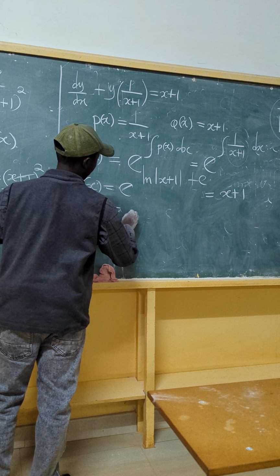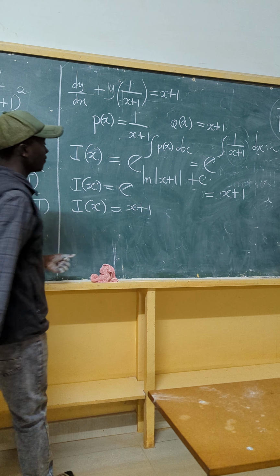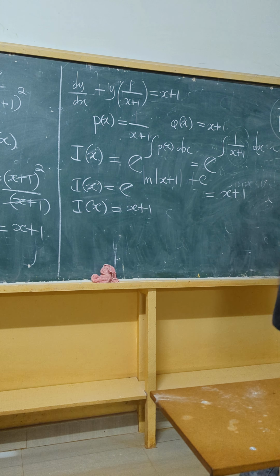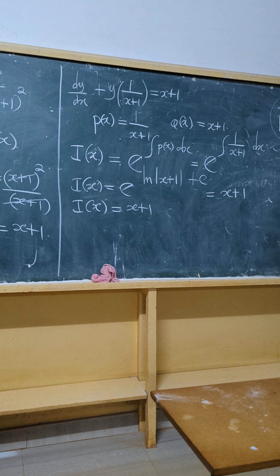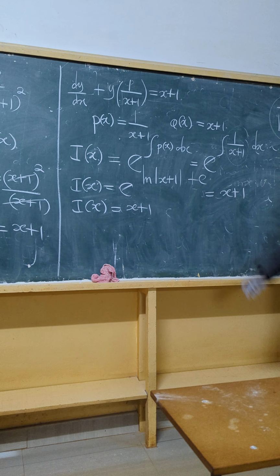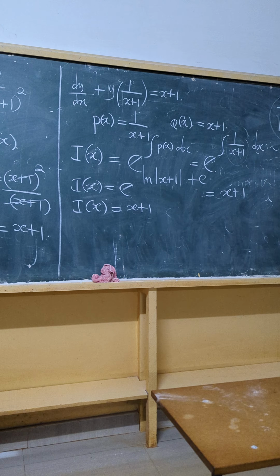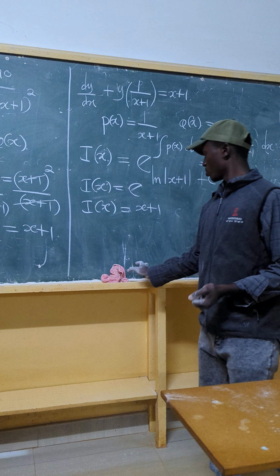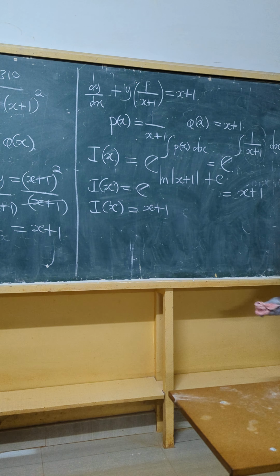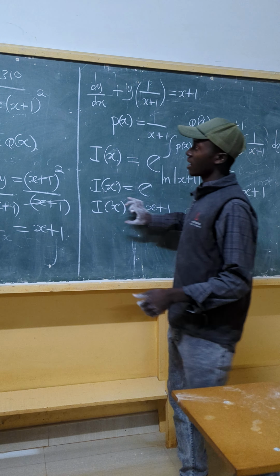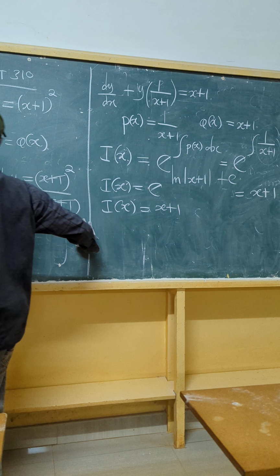What I'm trying to explain is that when you have the exponential and the log, the log eliminates the exponential and you just remain with the power itself, which is x plus 1. Simple.